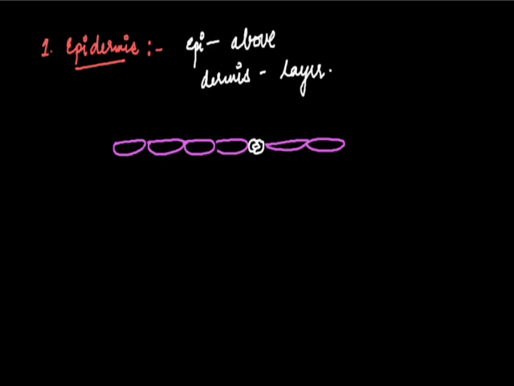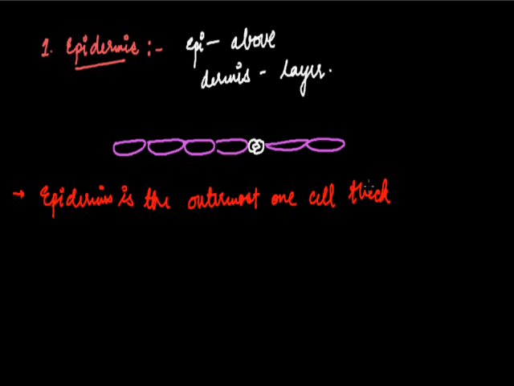So if you write about epidermis, it is the outermost one cell thick layer of the cells of the plants.